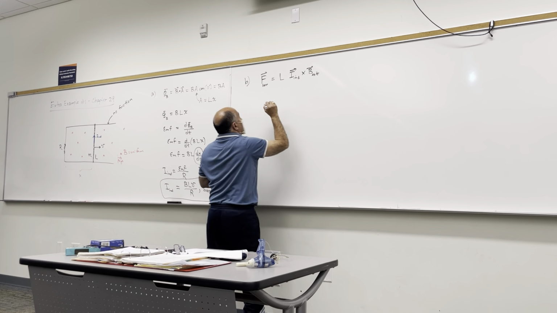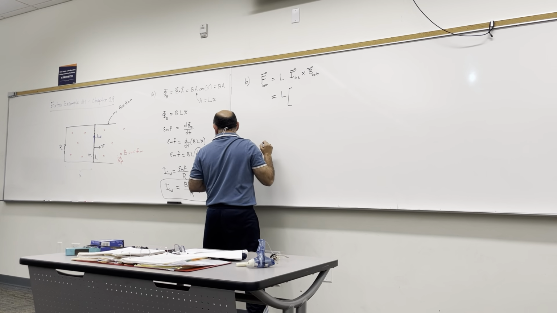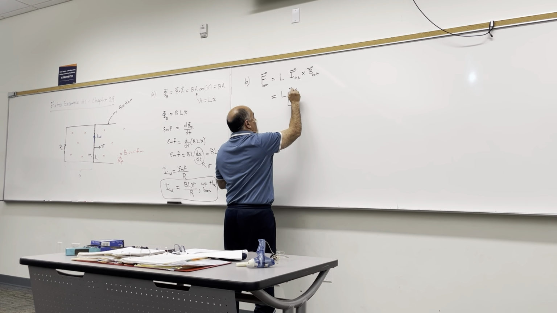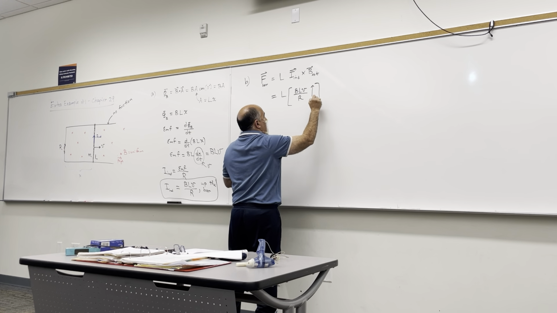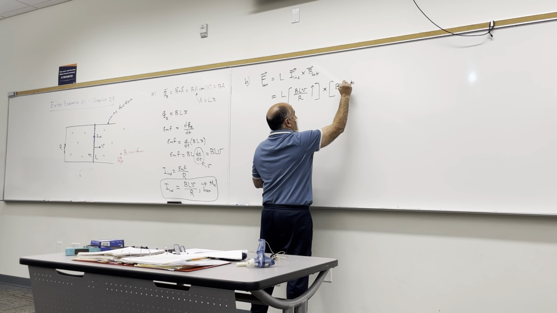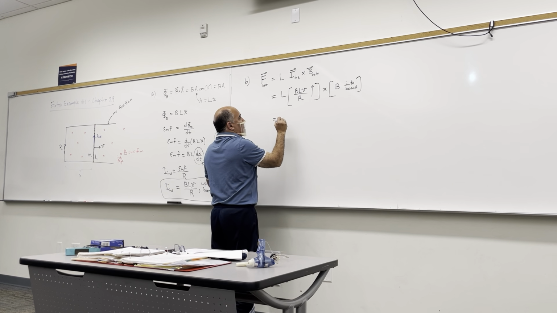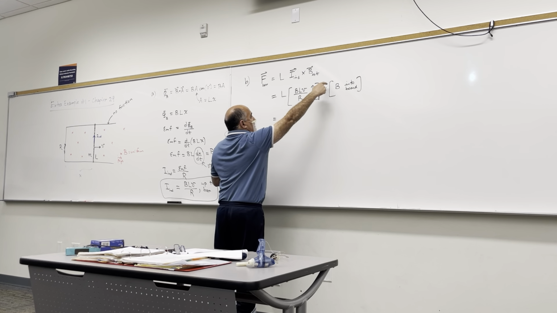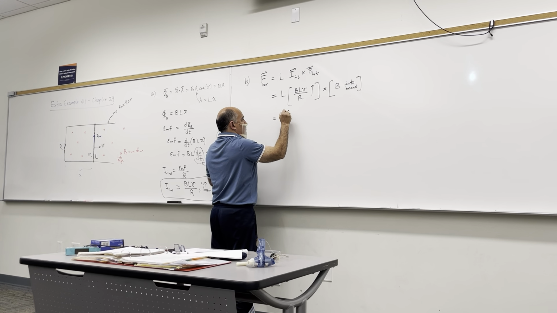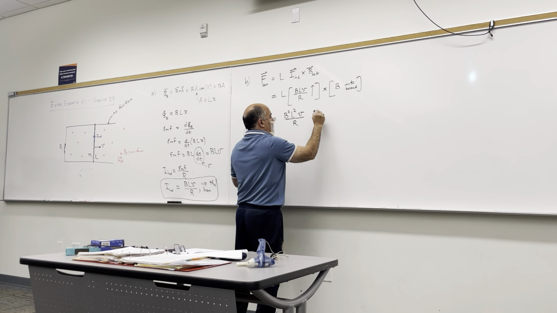The length of the bar is L. The current has a value of BLv over R, and it's up the bar. Cross into the magnetic field, which is B, into the board. So the force on the bar is going to be B squared L squared v over R.